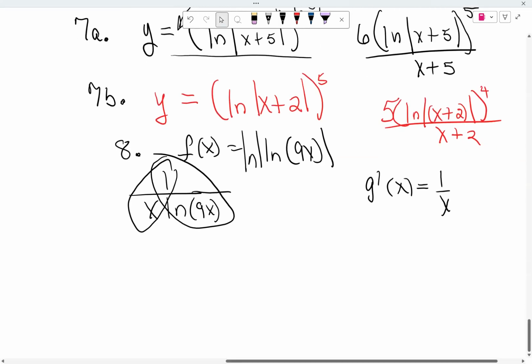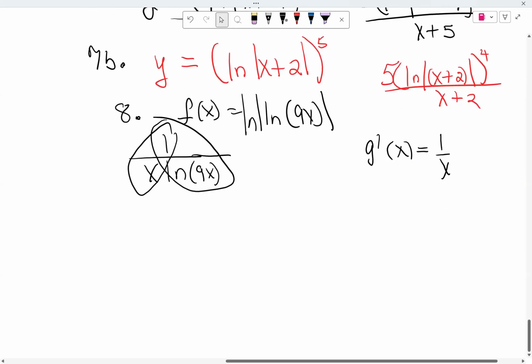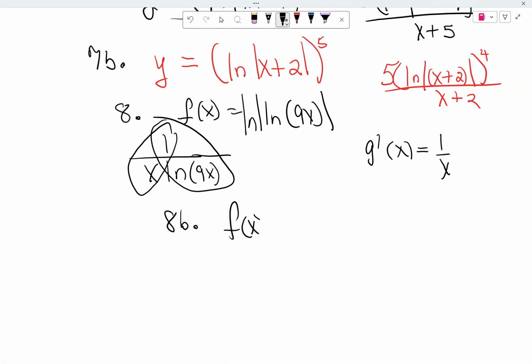Let me give you another one since I messed that one up. Let's call this 8b. I'm giving you f of x is equal to the natural log of the absolute value of the natural log of 16x. Okay, and so re-express that using the logic I shared with you.